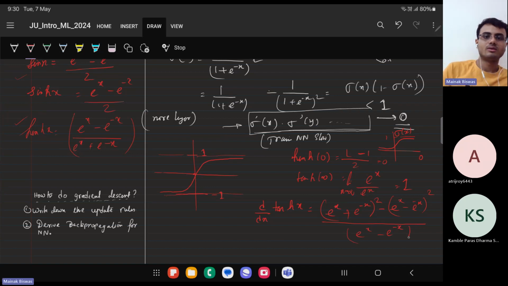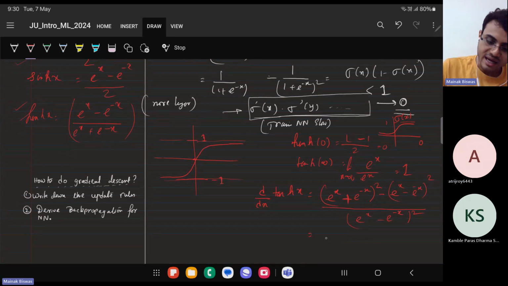Right, the u by v rule. I take the derivative of the numerator, and then multiply the denominator. So what do I get? I get, in the denominator, 1 minus tanh of x whole square. Yes or no?